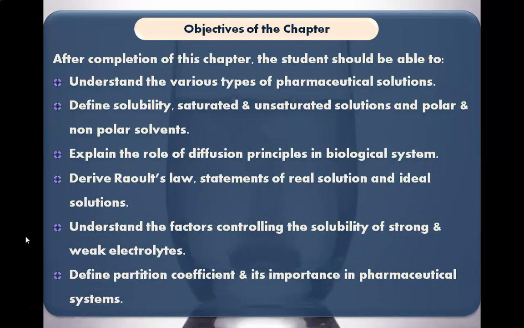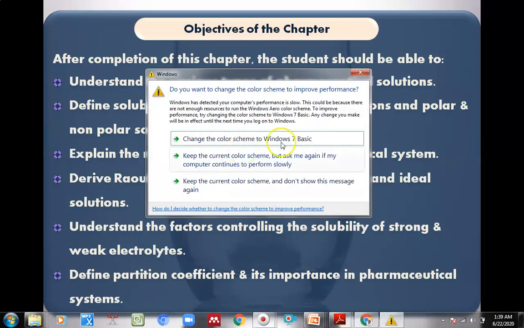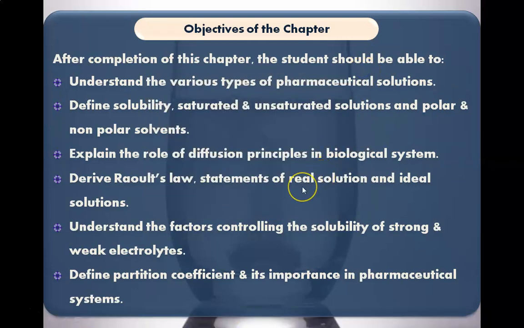Objective of the chapter: after completion of this chapter, you must be able to understand the various types of pharmaceutical solutions, define solubility, saturated and unsaturated solution, and polar and non-polar solvent, explain the role of diffusion principles in biological systems, Raoult's law and derivatization, understand the factors controlling the solubility of strong and weak electrolytes, define partition coefficient and its importance in pharmaceutical systems, because all these parameters are very responsible for any pharmaceutical dosage formulation.